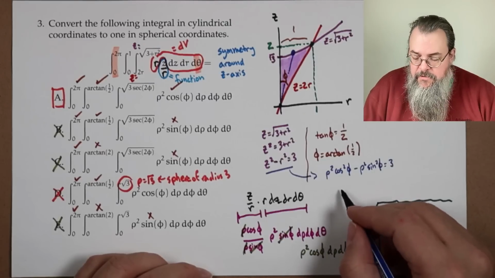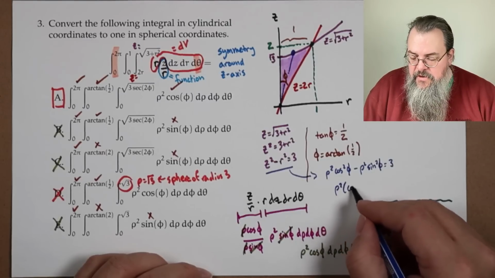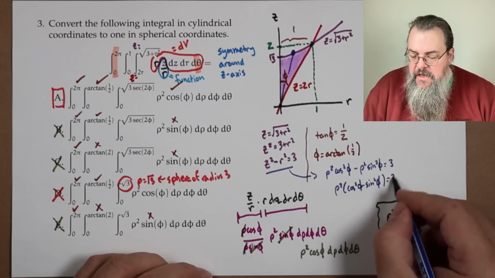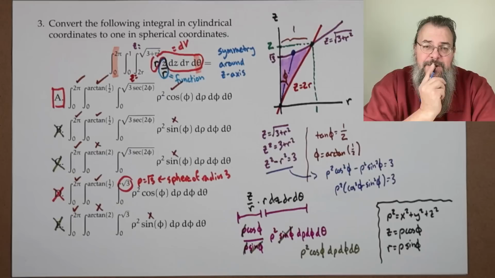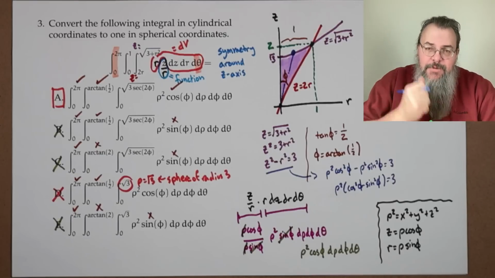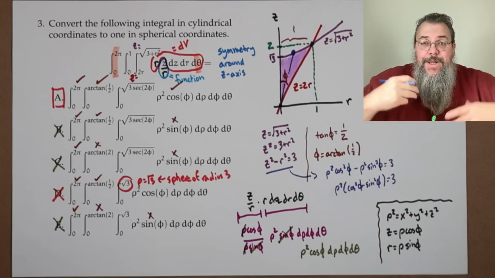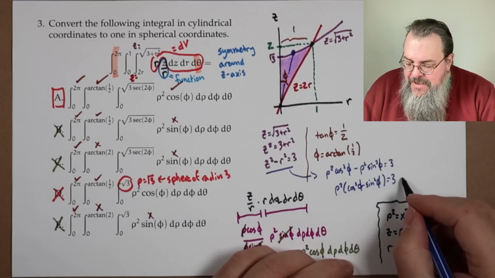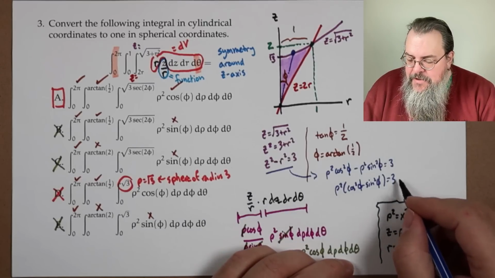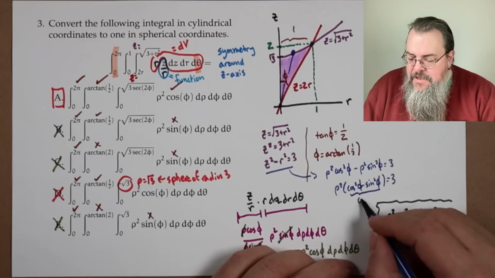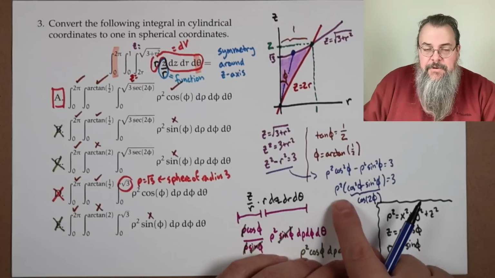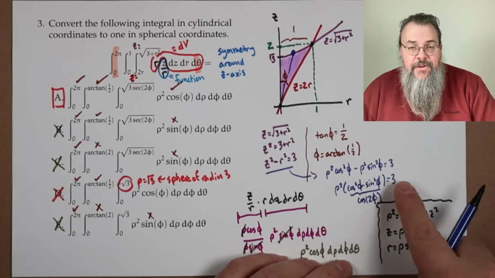So you can factor out a rho squared. You get cosine squared minus sine squared. That sounds familiar. It sounds like the kind of thing that they really drive into us, like an important trig identity. And yeah, it is. And so that's cosine 2 phi. Now, I want to get rho by itself, so I need to move the cosine across.